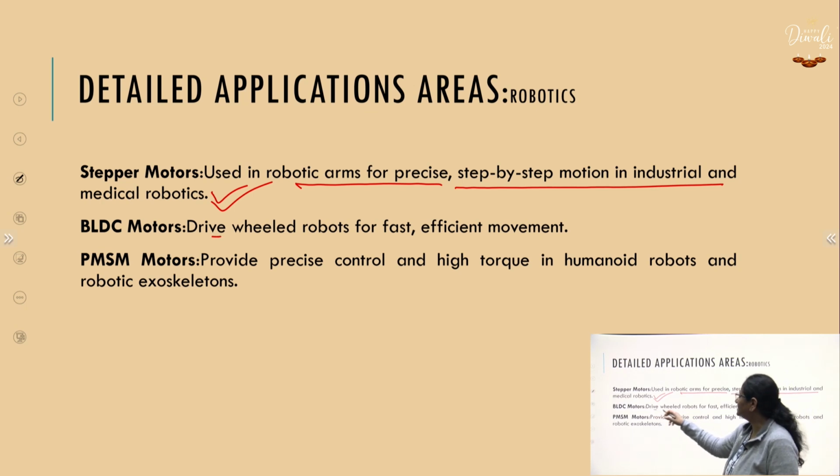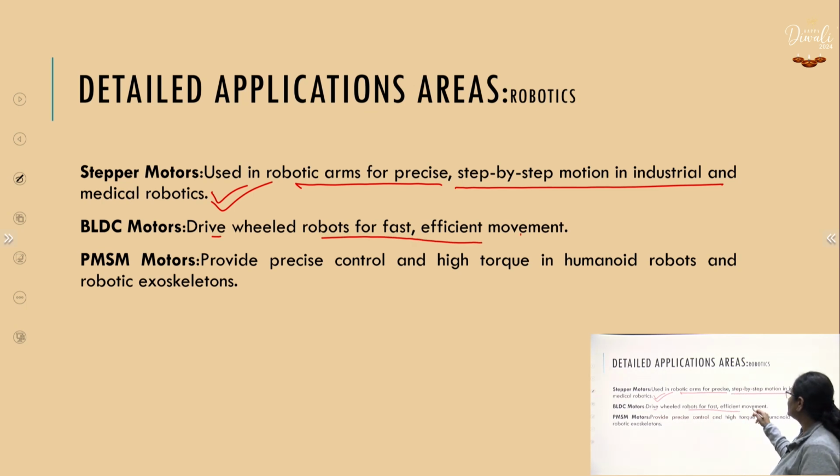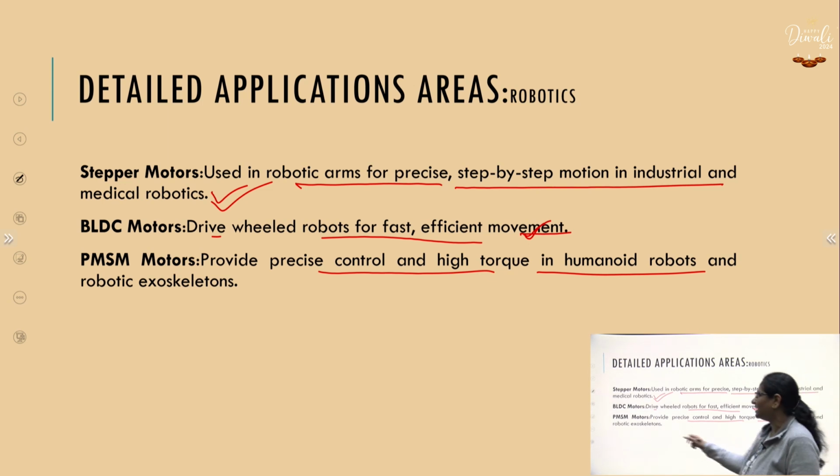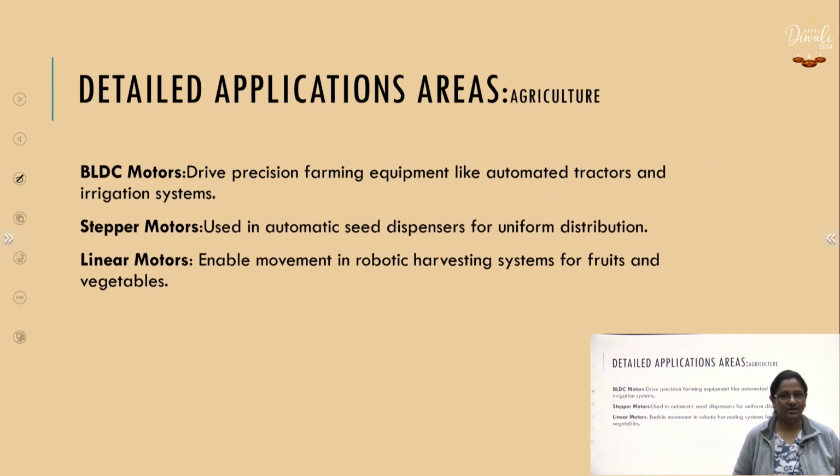BLDC motors drive wheeled robots for fast and efficient movement. So, BLDCs are used for the movement of the robot. PMSM motors provide precise control and high torque in humanoid robots and robotic exoskeletons. So, these are the various detailed application areas of the special electrical machines.